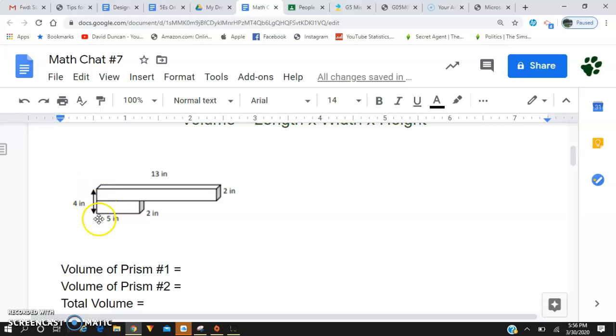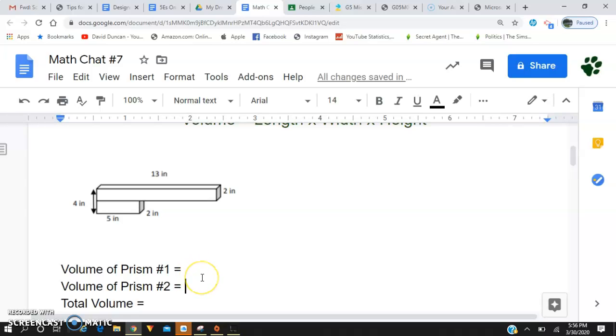If I take that 4 inches and cut it in half, I know that this is going to be 2 inches right here. So if my height is 2 inches right here, that takes 2 out of my overall 4. So I know that this height right here is also 2. So I know that the height of each prism is going to be 2 inches.